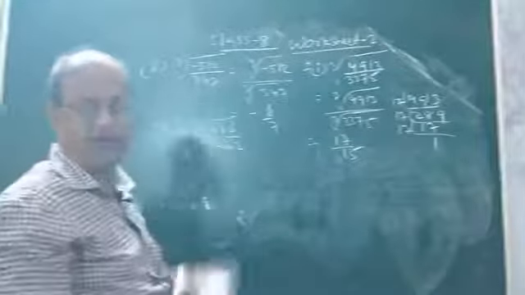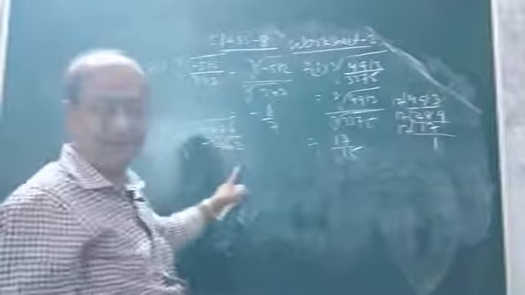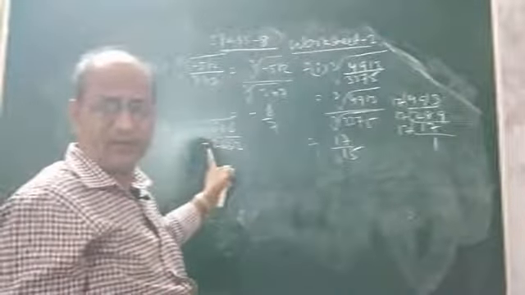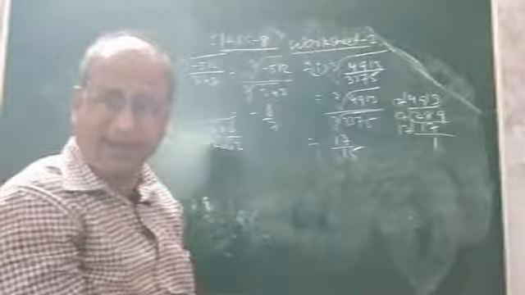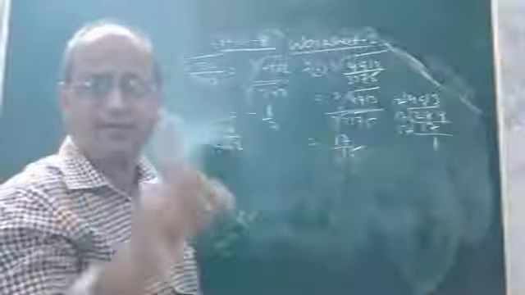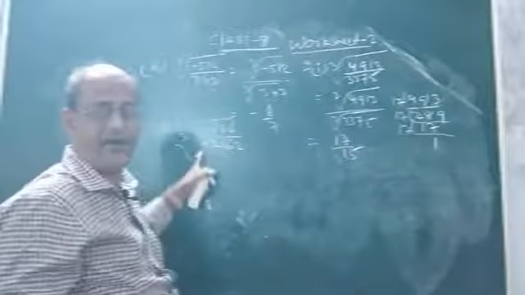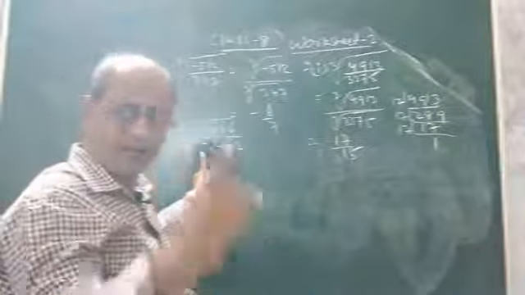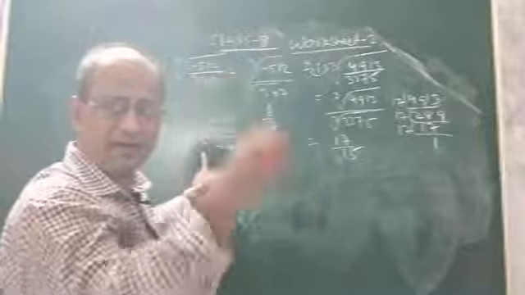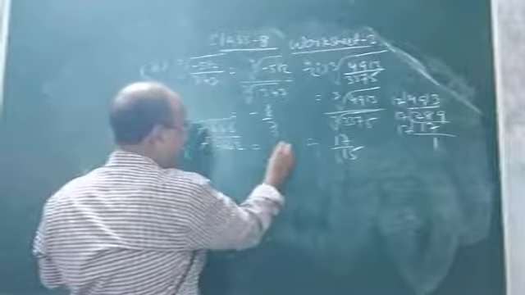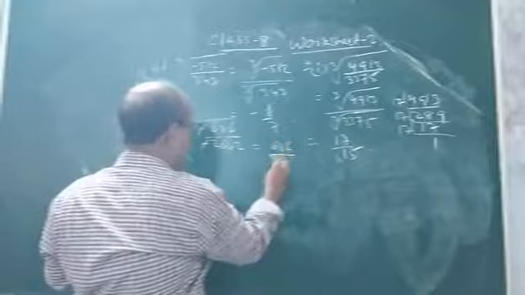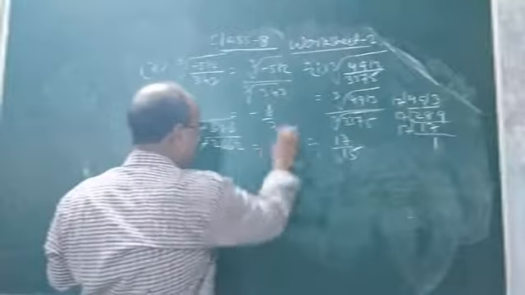See children, in this type of question, where the numerator and denominator both are negative integers, your first step is to cancel the minus signs. Minus by minus is plus. So it will become the cube root of 686 divided by 2662.